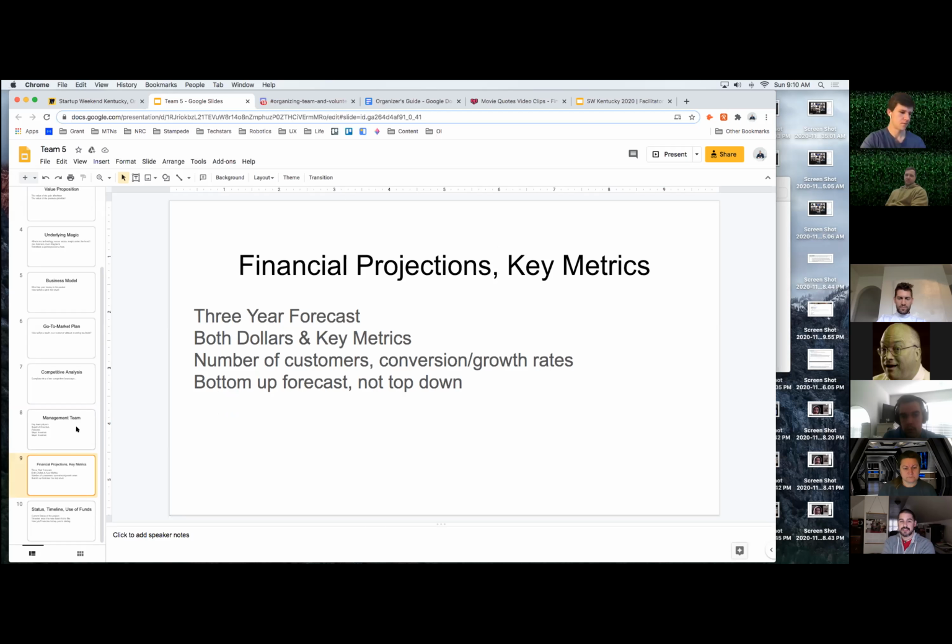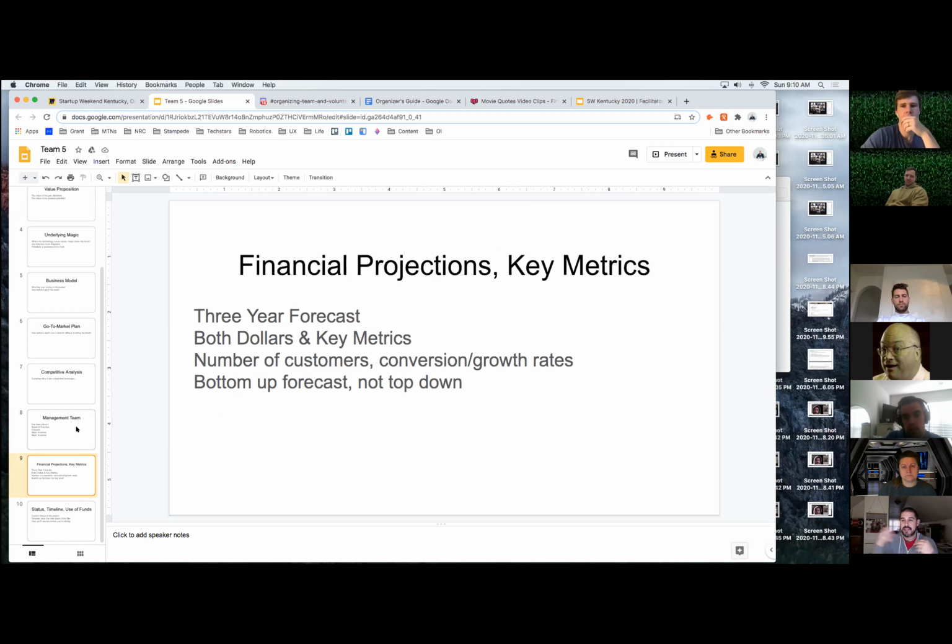So the second to last slide is the financial projections and key metrics. These sorts of things are the money or the people. You're explaining to us how that adoption rate looks. Your go-to-market, how does that unfold? You're basically unpacking your go-to-market.